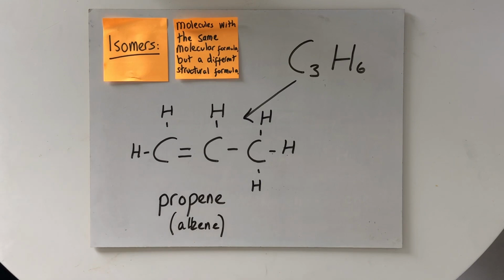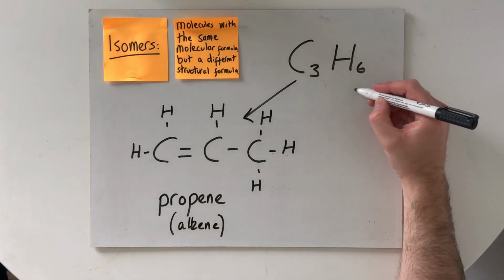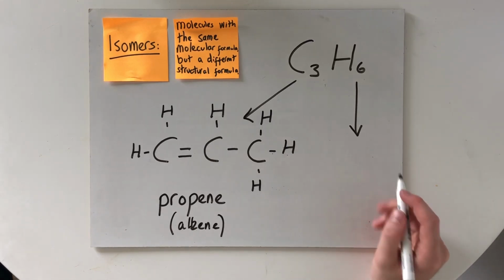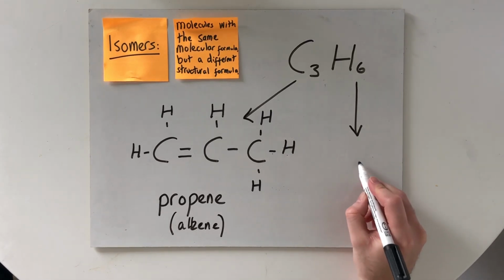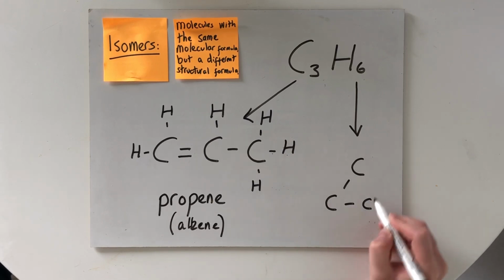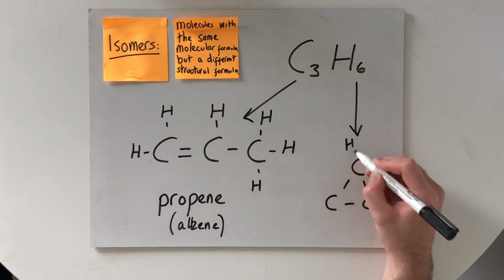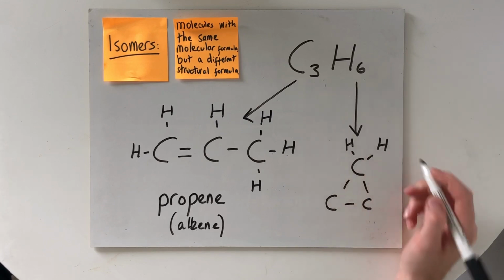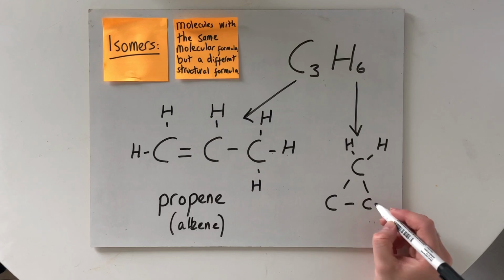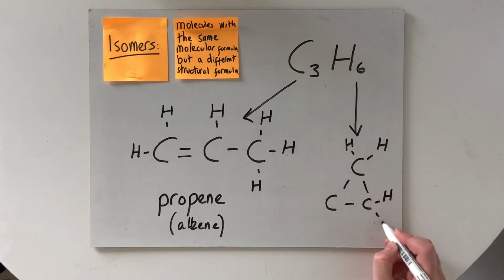Okay, so what else springs to mind? Well, I've not left myself a lot of space here, but I'm sure I can fit it in. We have cyclopropane, don't we? We've got a cycloalkane. And that is 3 carbon atoms, and as opposed to being arranged linearly in a straight line, they're arranged in a ring structure.